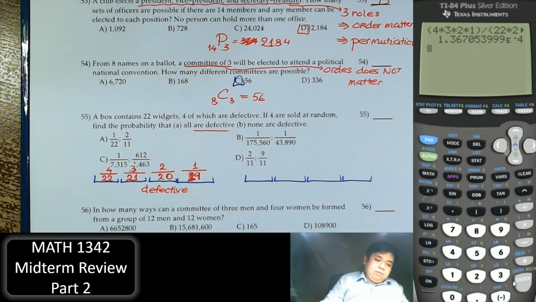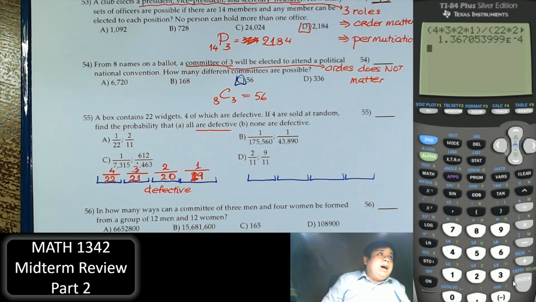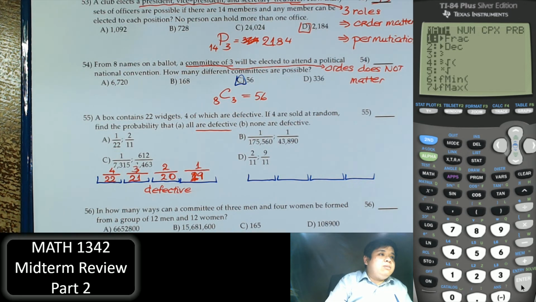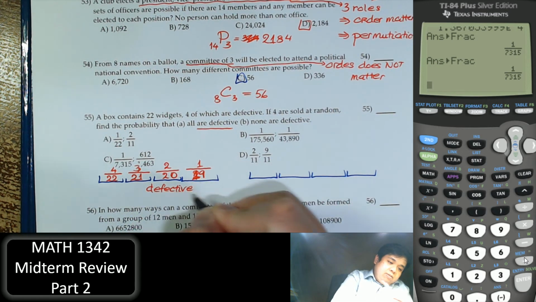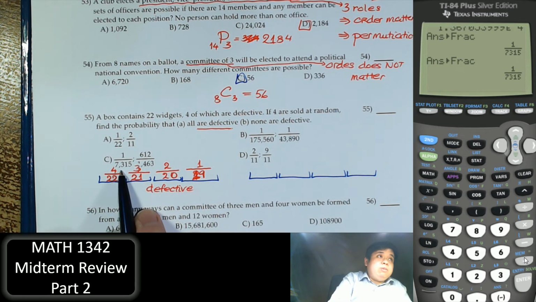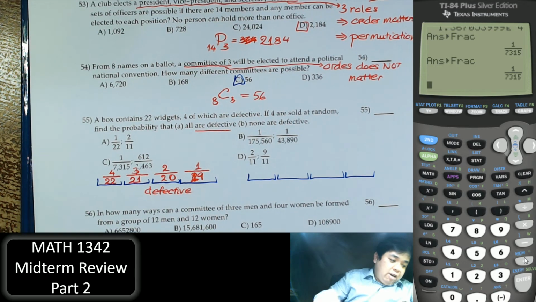Right? If we want a fraction, hit math. 1 out of 73.15, so we have the answer already. So that is defective.